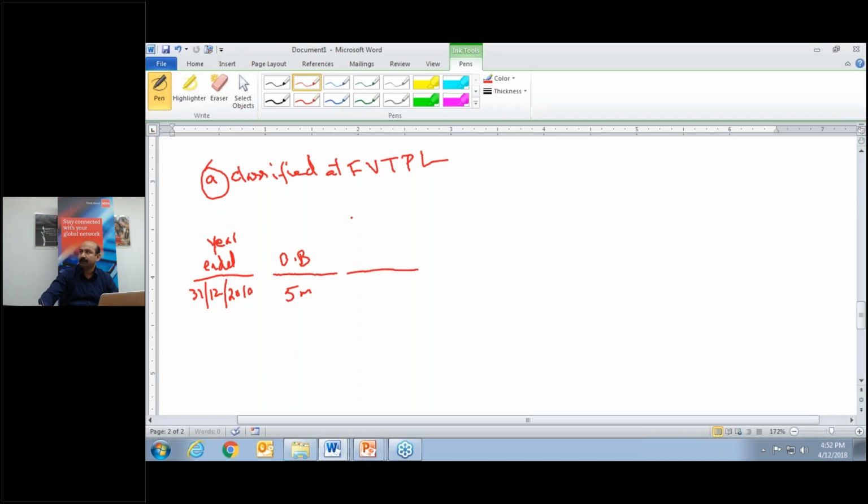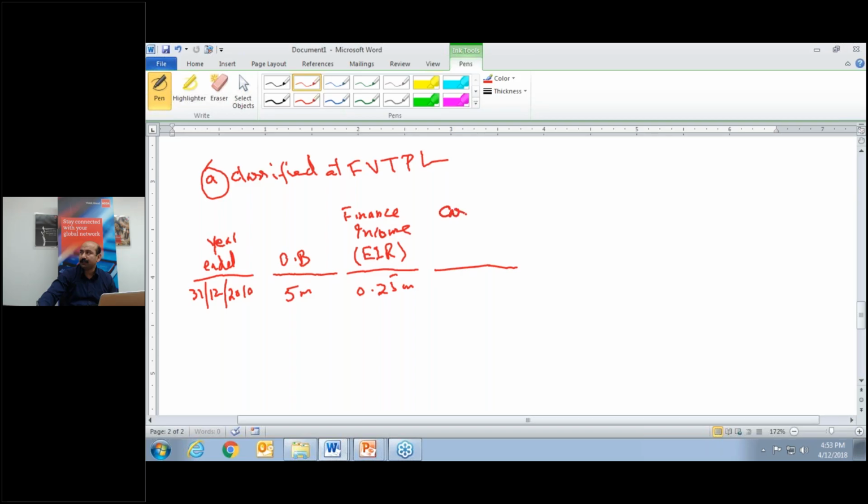But we know that finance income, which will be credited to the profit or loss, will be calculated using the effective interest rate. So when we multiply 5% with the 5 million, this will give us 0.25 million.